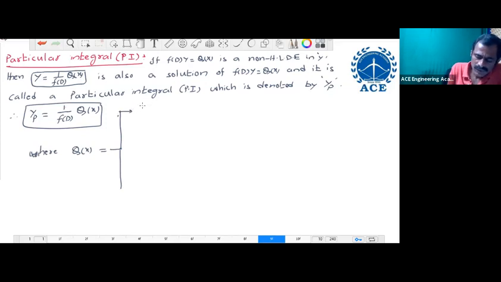Under the first method or first case, the possible functions are constant k into e power ax plus b, k into sinh of ax plus b, k into cosh of ax plus b, k into a power x.